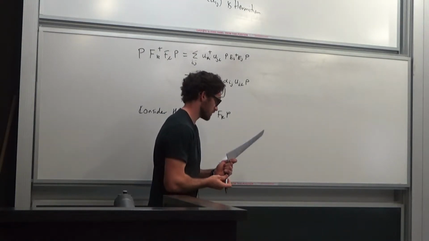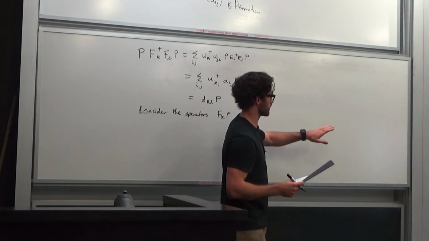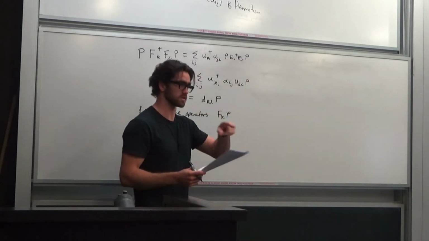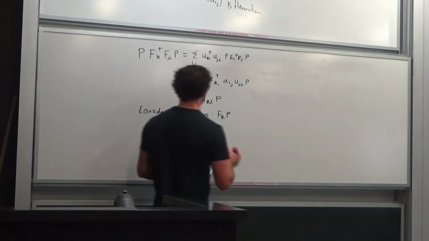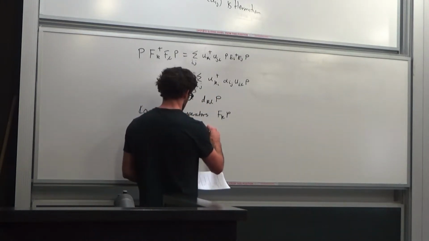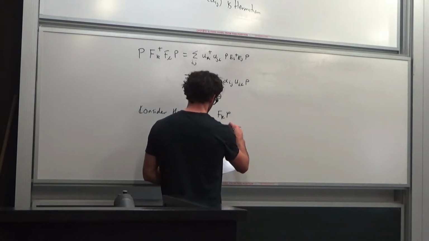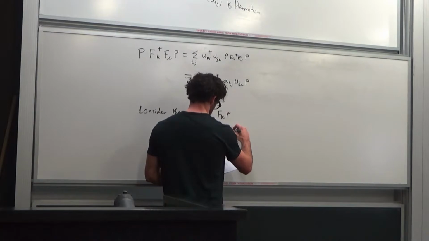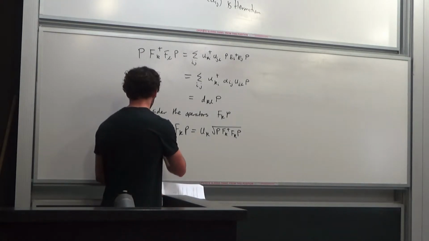We're going to take the polar decomposition of this operator. I haven't written up anything about that yet, but it is in the notes. There's a theorem that discusses the polar decomposition. Basically, we can write this operator like so, for some unitary U_K.